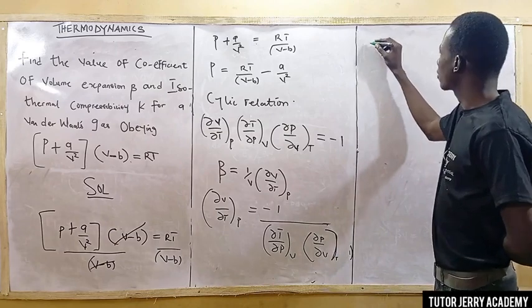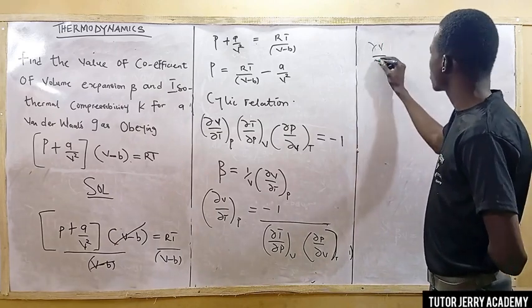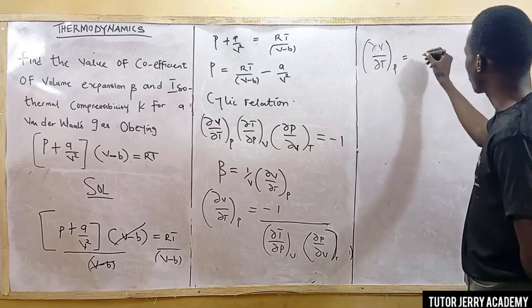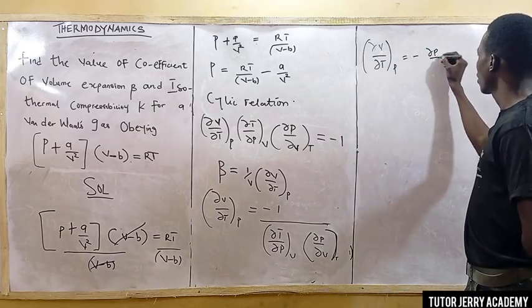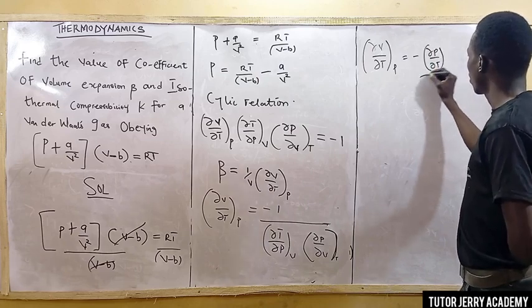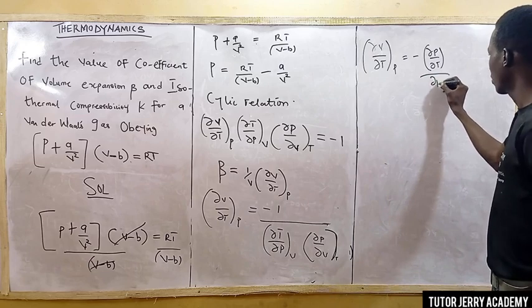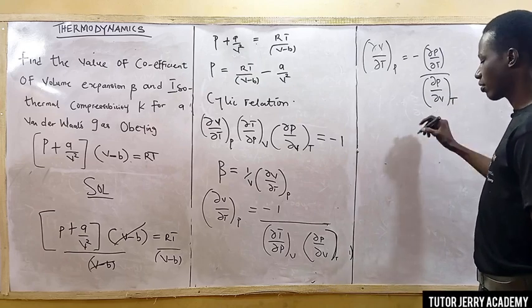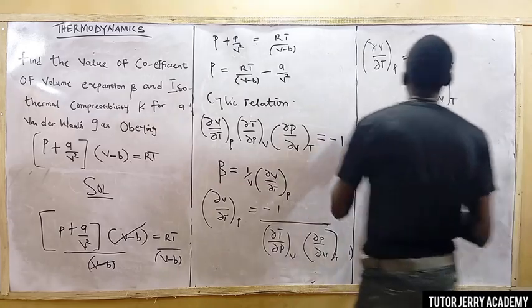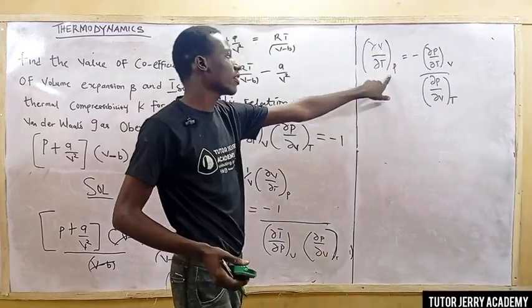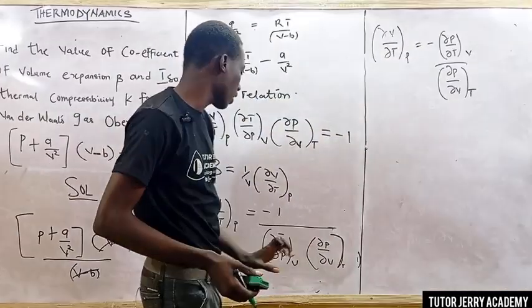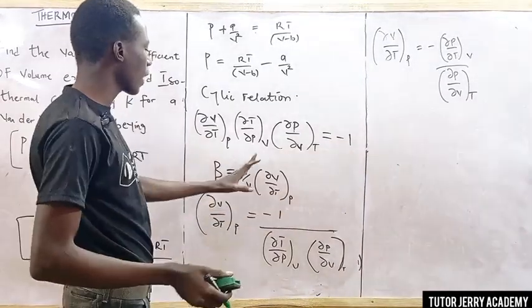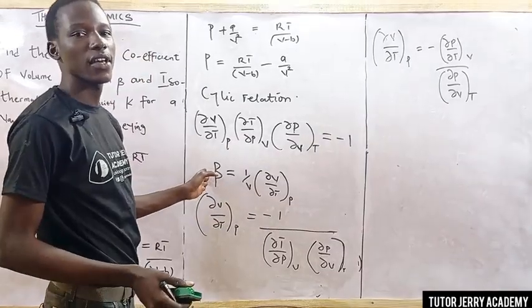Now we have the partial of V over T, keeping pressure constant, equal to this equation. And we also know that the partial of V over T, keeping pressure constant, multiplied by 1 over volume, is equal to our coefficient of volume expansion.